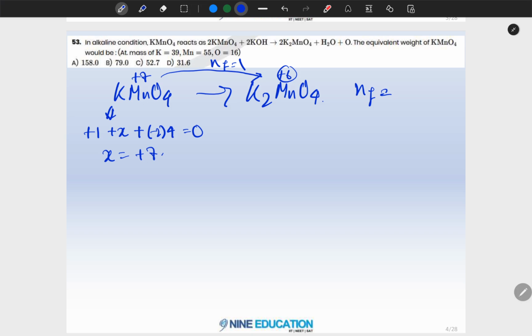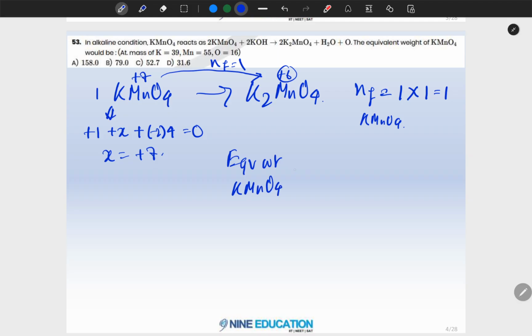Clearly we can see in 1 mole of KMnO4 only 1 mole of manganese is present. So n factor is equal to change into number of moles of manganese. So 1 into 1, the value of n factor for KMnO4 in this reaction is equal to 1. Now we need to calculate the equivalent weight of KMnO4.